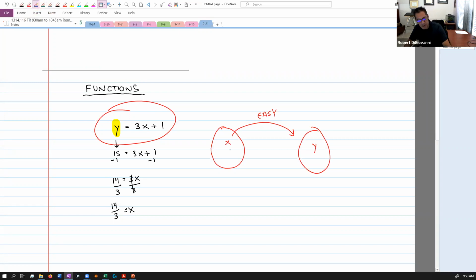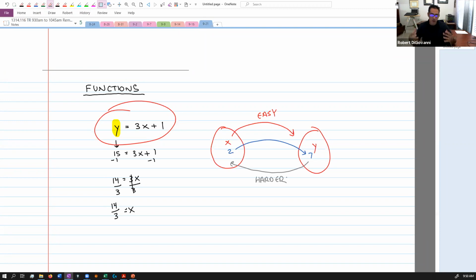As a specific example, when we plug in 2, 2 comes over here and it spits out a 7. 3 times 2 is 6, add 1, you get 7. So this equation is easy to work with if I start with x. Going the other way, backwards, is harder, and the key to this, again, is the fact that it's solved for y.